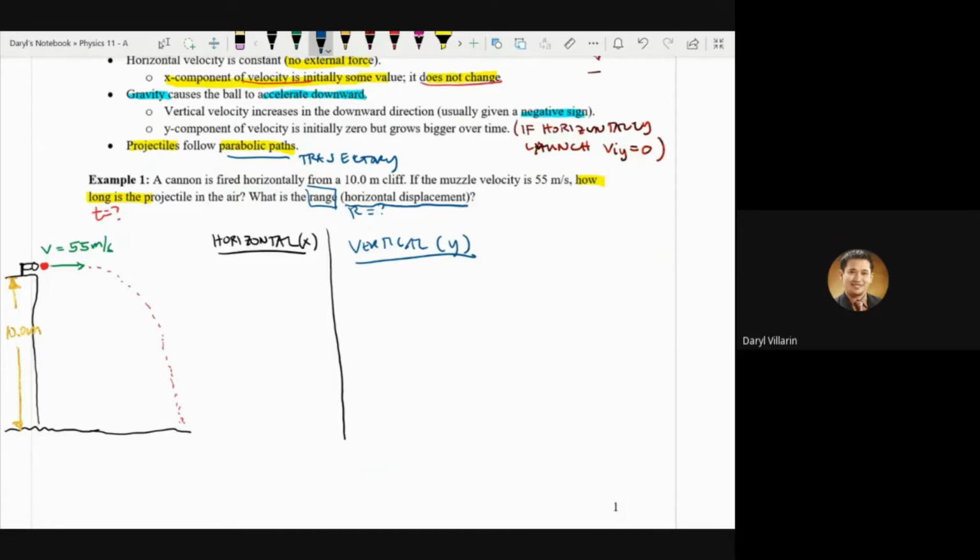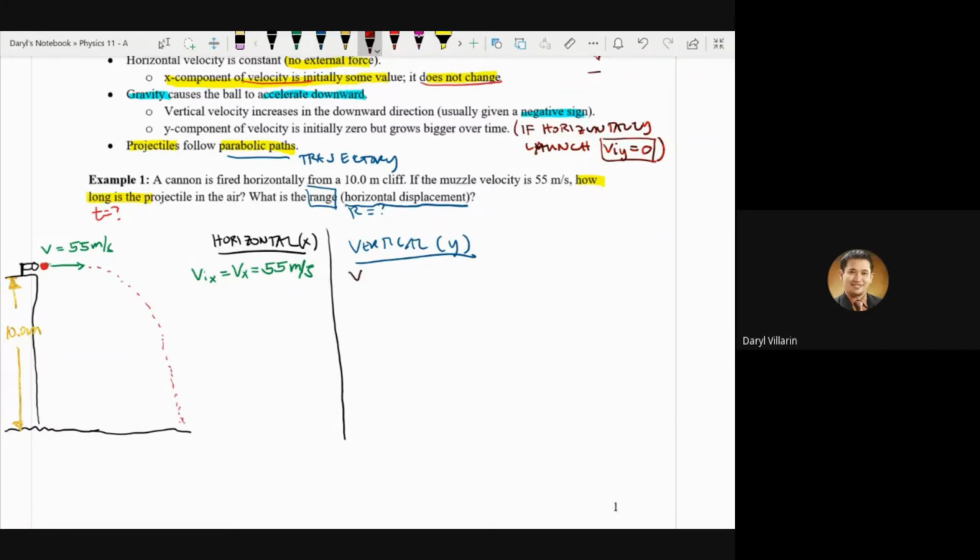So for the horizontal motion, what are the things that you are given here? Well, is it not that initially the object is being launched horizontally? So that means that that would be my VIX, which is just equivalent. I know that it wouldn't change. So VX at any time is just equivalent to 55 meters per second. And as we have mentioned earlier, if it is horizontally launched, VIY is equal to 0.